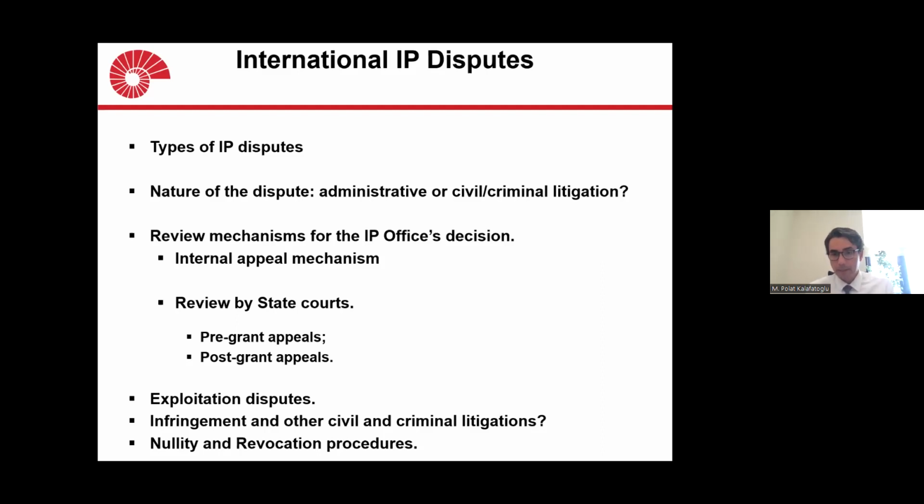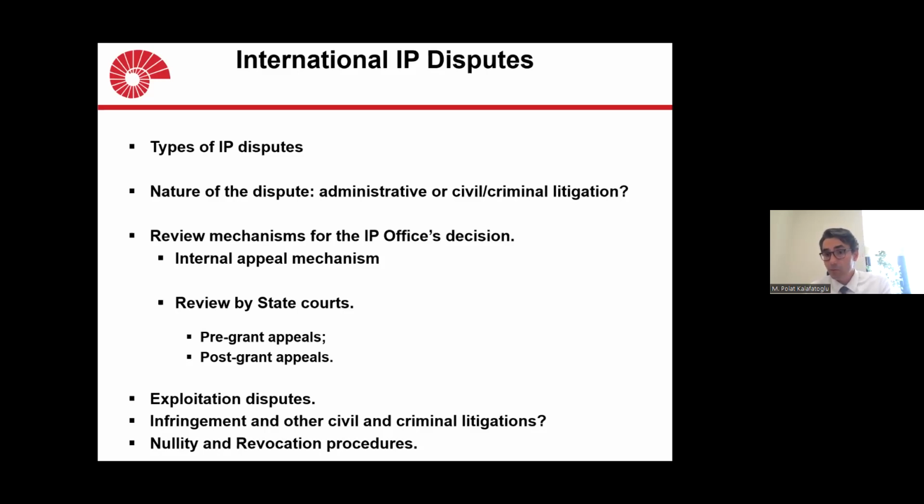Which means that in most national laws, the state courts also have an important role, an important authority for hearing appeals against the decisions of national IP offices. And then we have all kinds of exploitation disputes. We have disputes arising out of IP contracts, for example, license agreements.